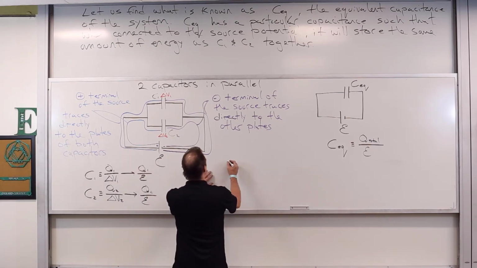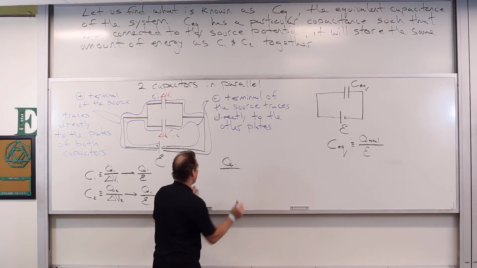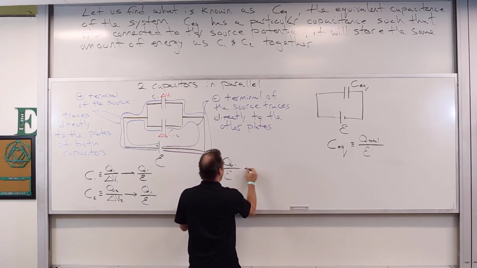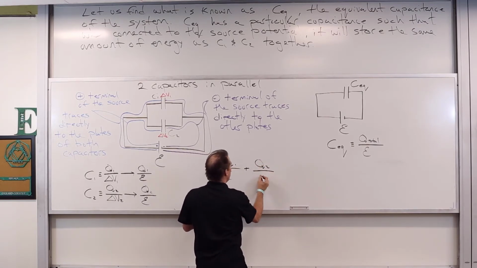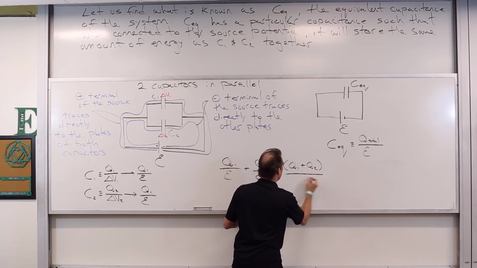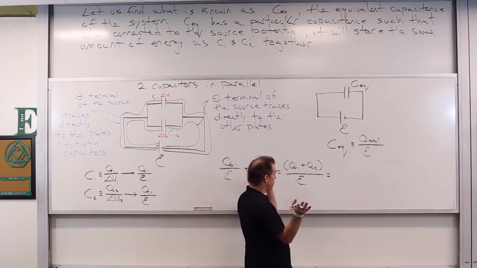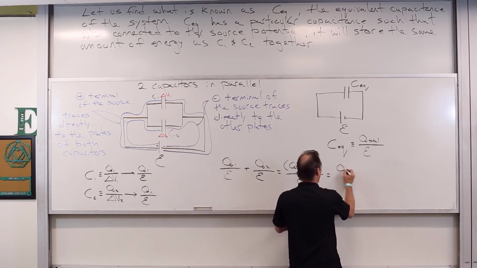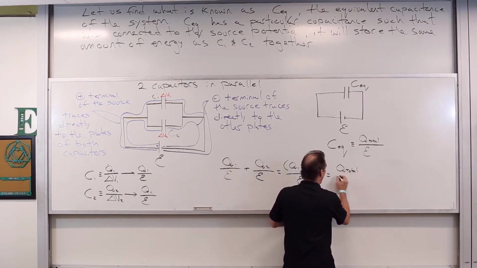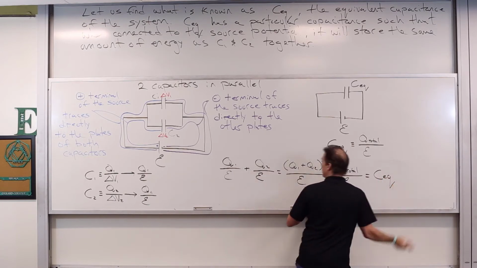So let's check this out. Q1 over E plus Q2 over E is equal to the quantity of Q1 plus Q2 over E, which, hey, if Q1 plus Q2 is Q total, we're just going to go ahead and say Q total over E, which is equal to CEQ.